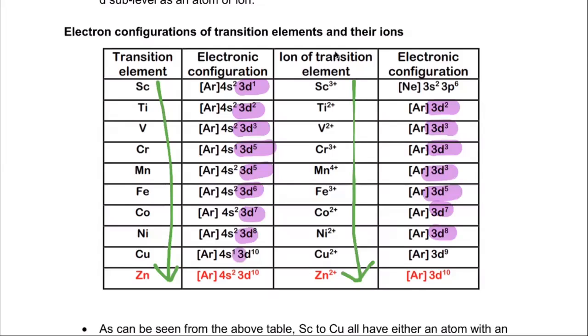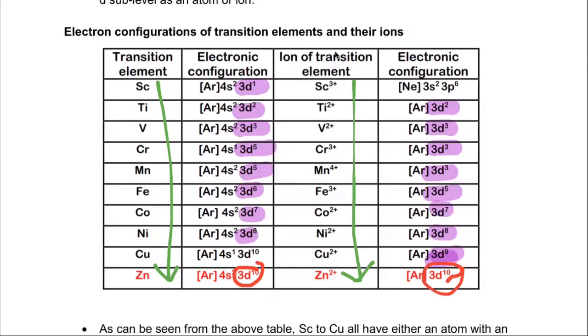Copper doesn't have it as an atom, but it does as an ion. Over here, it's only 3D9; it didn't get up to 10. And if we look at the very end, zinc is 3D10 as an atom. It's still 3D10 as an ion. It only loses the 4s electrons.